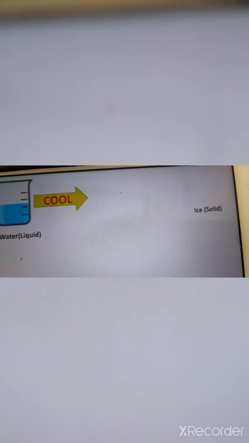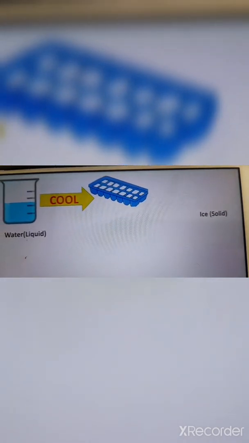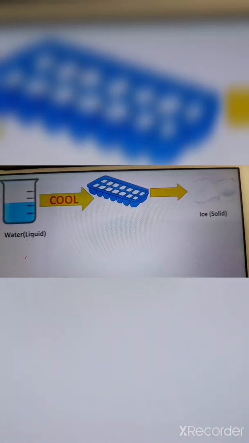Okay, now take a beaker of water. This is an example of physical change. When we cool water, it converts into solid, okay, ice. When we cool water, it becomes ice, and here you can see ice.